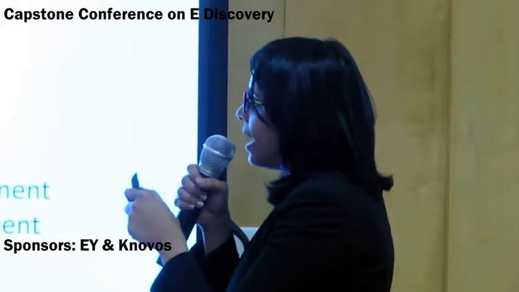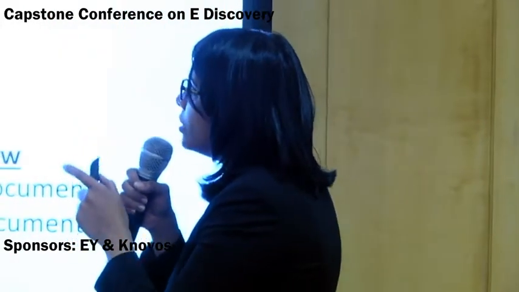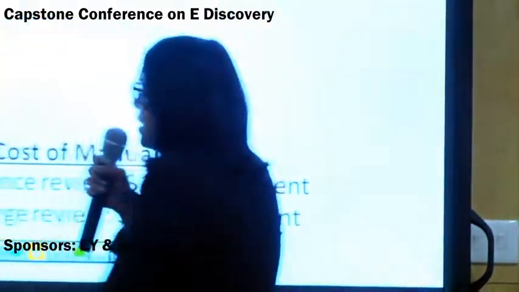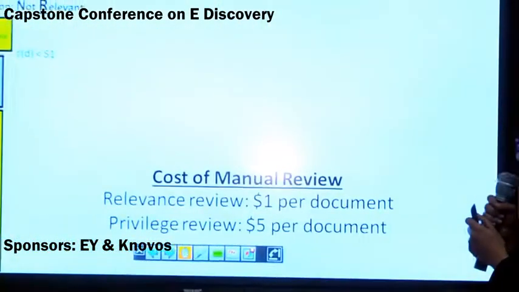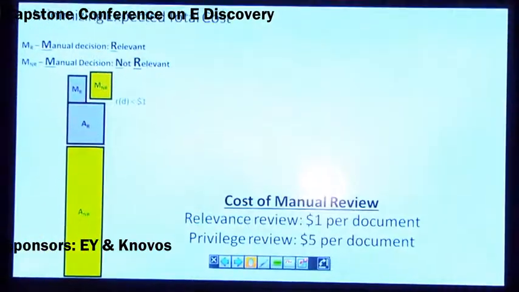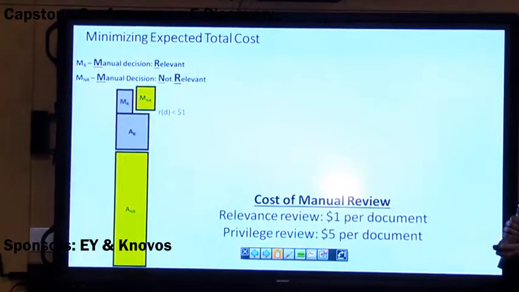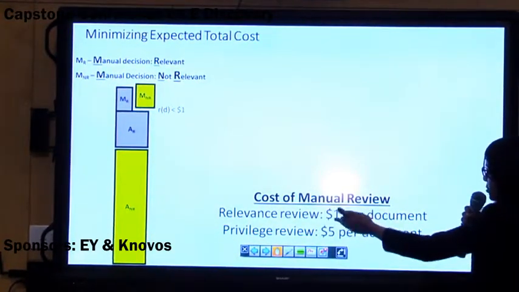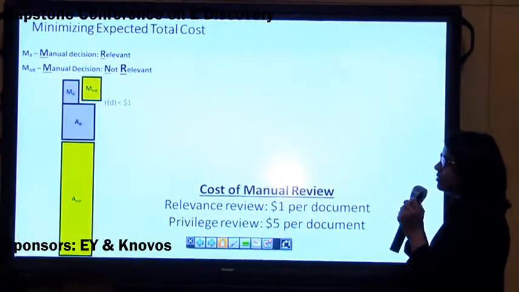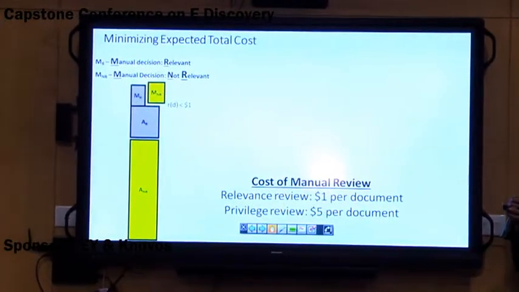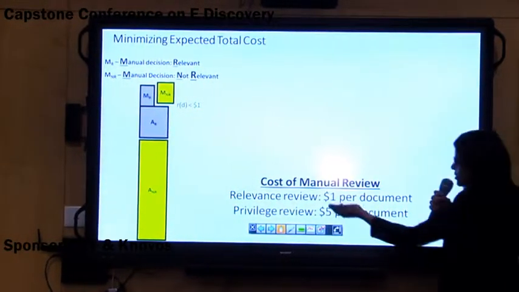We manually label only those documents which have a risk which is lesser than $1. And where does this $1 come from? By literature review, we have seen that most lawyers would review 60 documents in 1 hour when it comes to relevance, right?